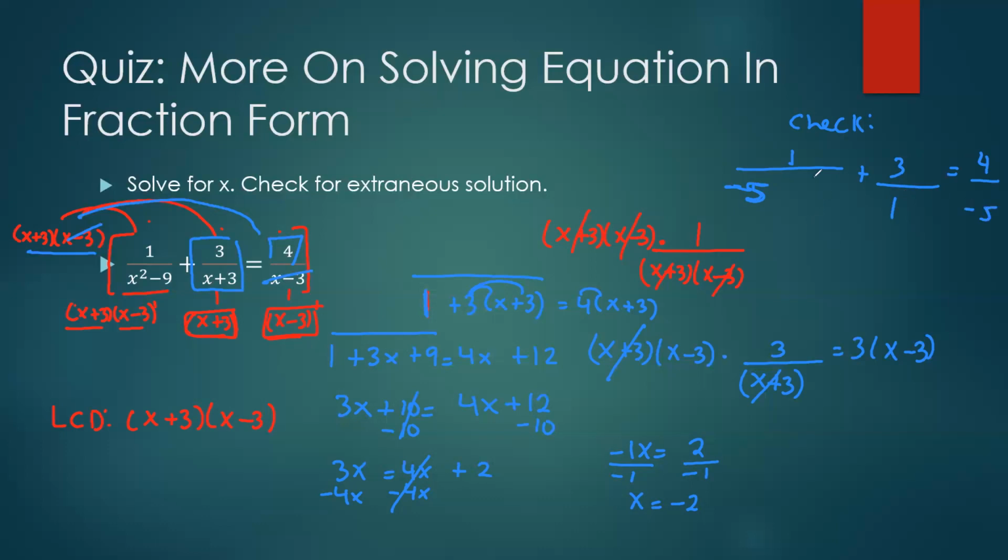If you want, you could just use the decimal. On the right, what's negative 4/5? It's exactly negative 0.8.